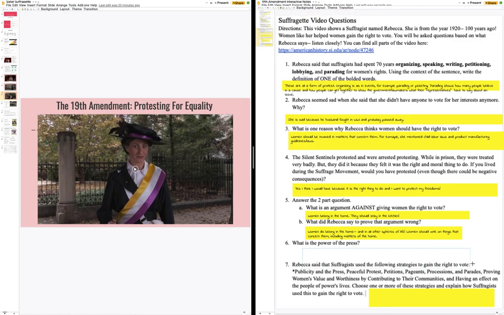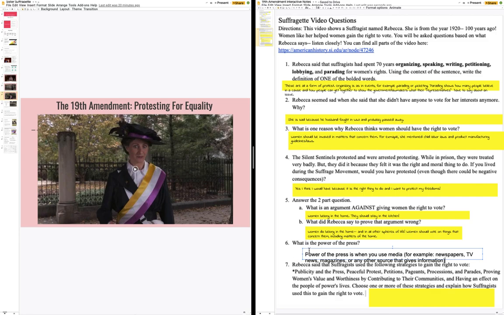Power of the press is when you use media, for example, newspapers, you could do TV news, obviously, magazines, or any other source that gives information.